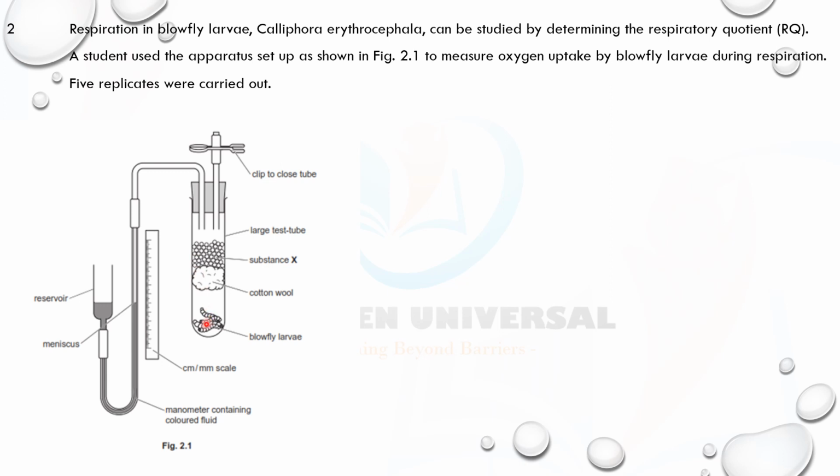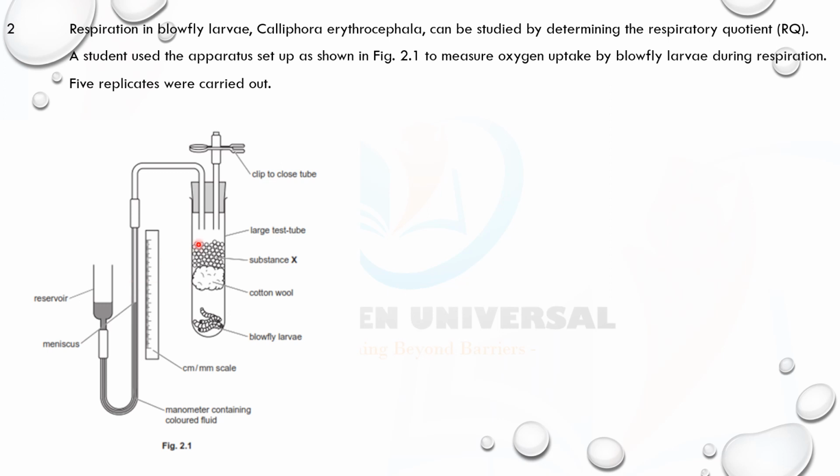Remember that this larva uses oxygen. There's air here, and there's air here. That air is exerting pressure. This is atmospheric pressure. The internal pressure here is due to the volume of oxygen.